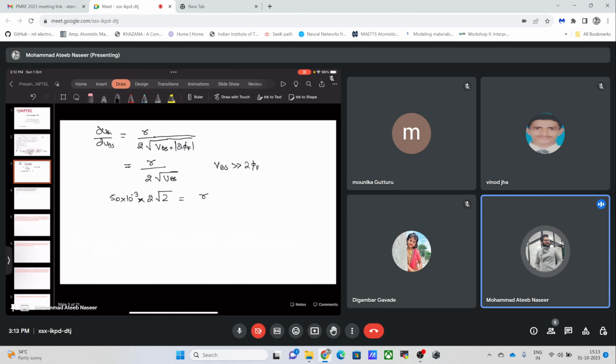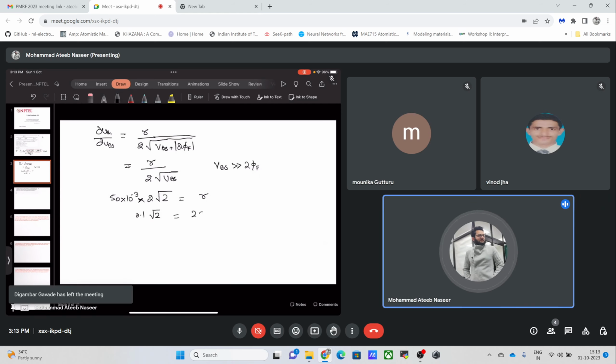And we can simply say this is 100 into 10 to the power minus 3, which is simply 0.1 root 2, and this is equal to 2q epsilon si na by Cox, under root. We know this square root 2 and square root 2 will go, so we will be left with this 10 to the power of, and we will square both the sides, so it will be 10 to the power of minus 2.